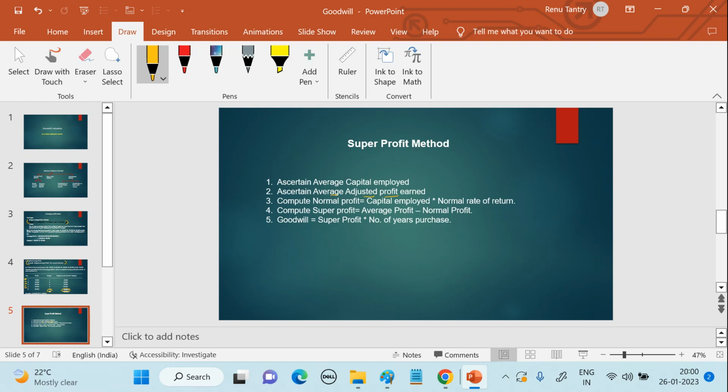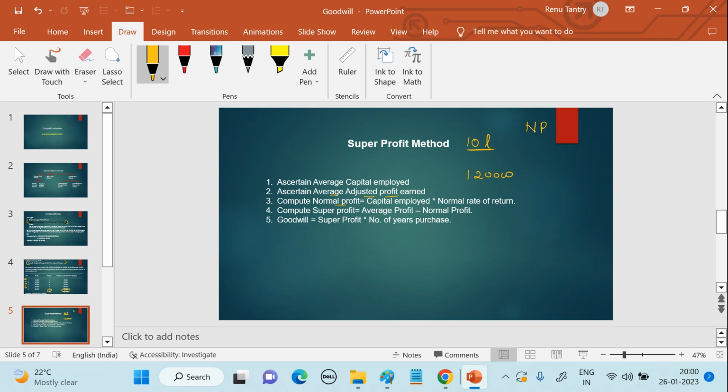This is the actuals. But the next step, you compute the normal profit. Means normally if any firm is using this much capital, then at the normal rate of return which is expected from a business, how much would be the profit? That is normal profit. Suppose 10 lakh is being used in our business and we are earning a profit of say 1,20,000.